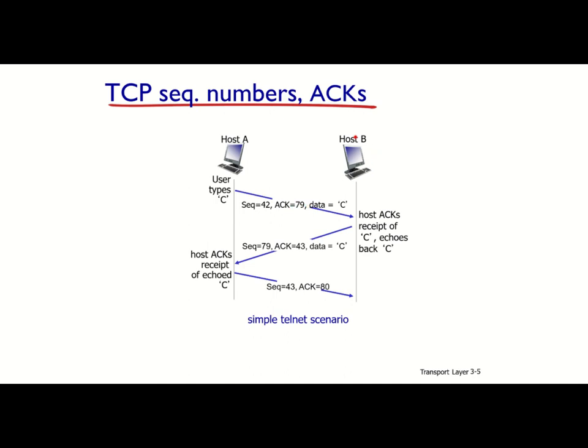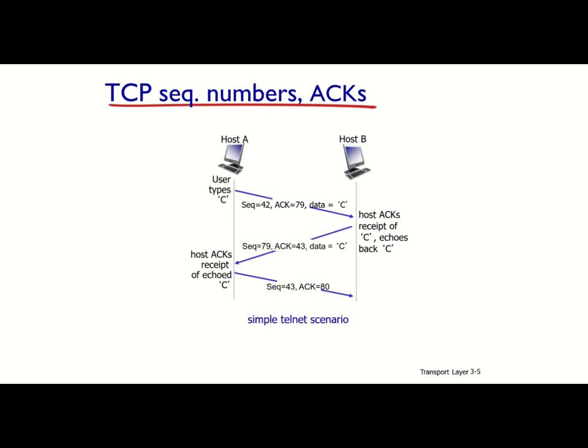If host B receives this data successfully, it sets the acknowledgement equal to 43, which is 42 plus 1. So the acknowledgement of the response should be the sequence number plus 1, and it sends its own sequence number, which is 79.